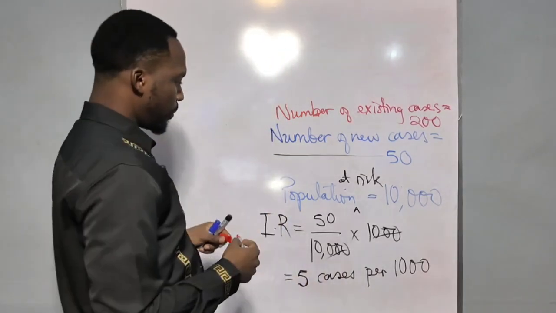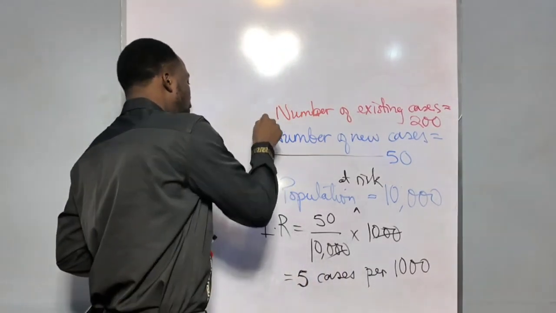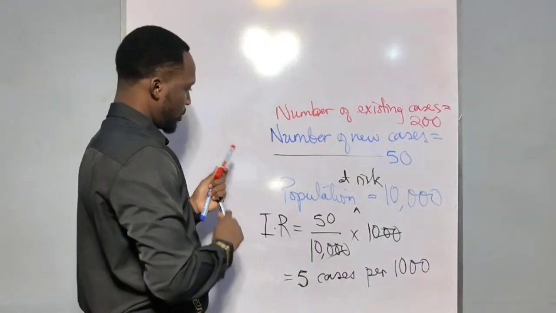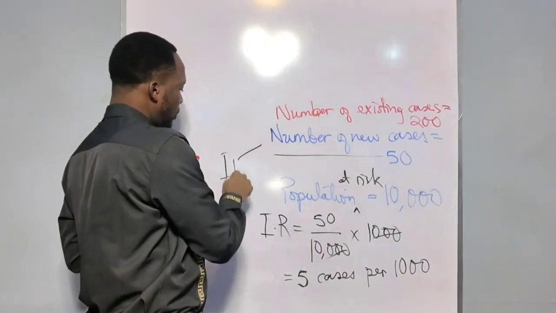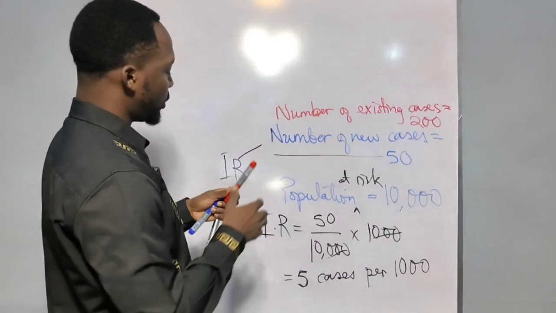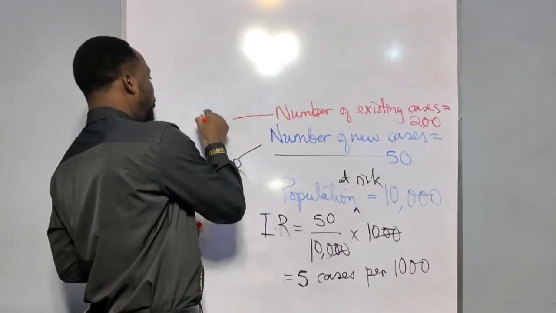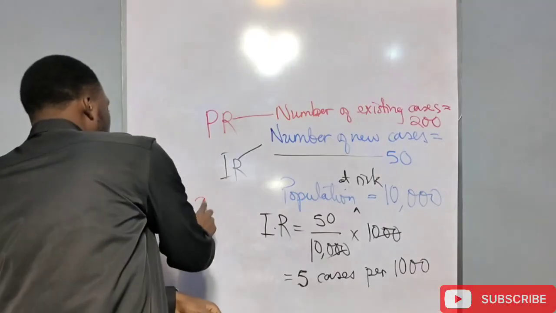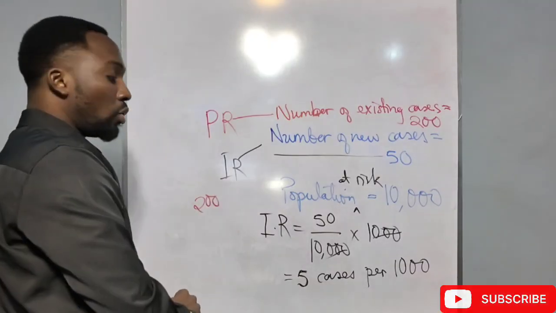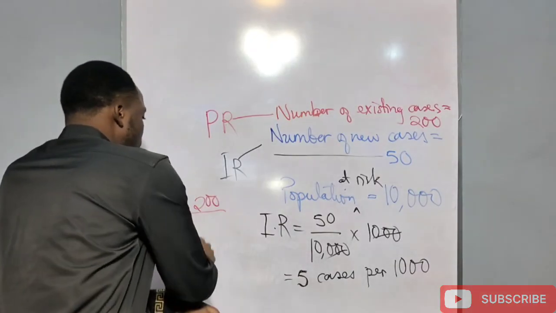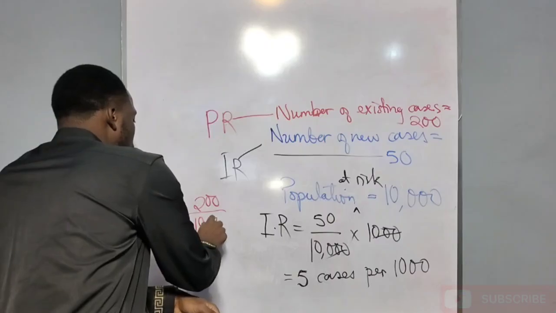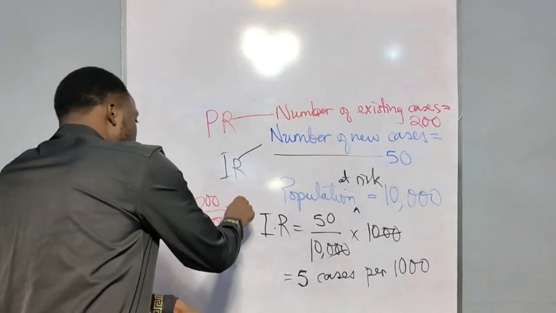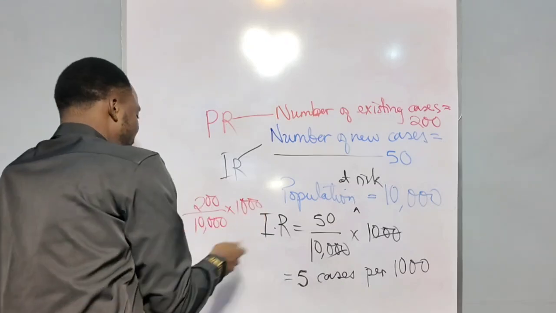So it's a similar formula, but for incidence rate we used the number of new cases. For prevalence rate, we use the number of existing cases. And so we have 200 as the total number of cases divided by the 10,000 population of the villagers or the people at risk, times the multiplier.